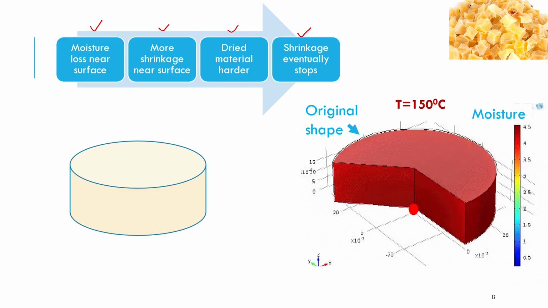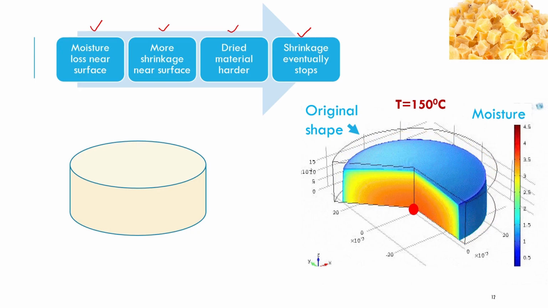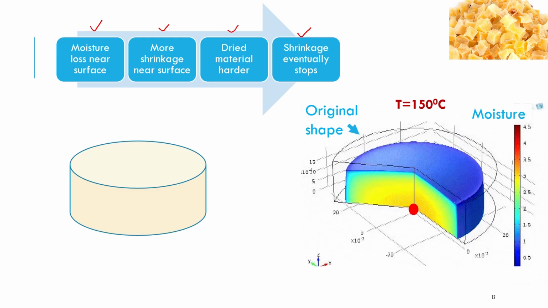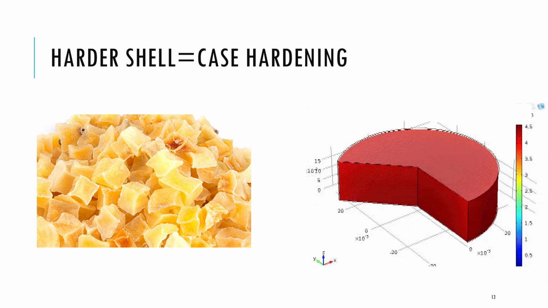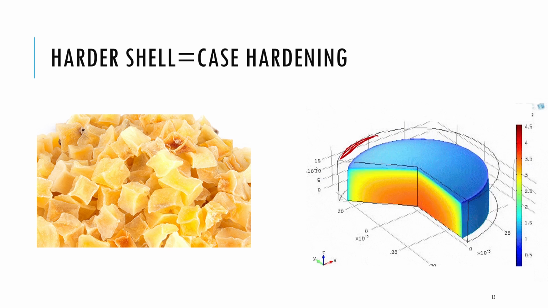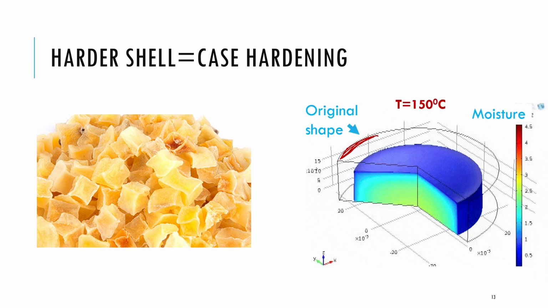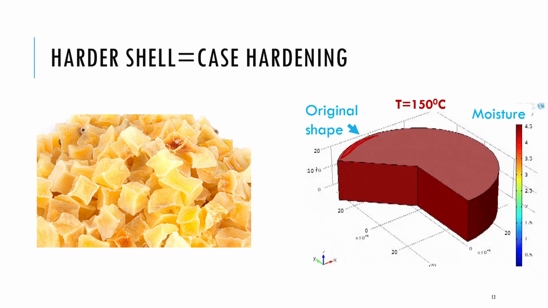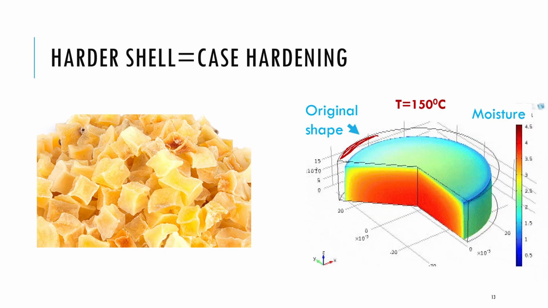That is really the mechanism by which the dried material restrains shrinkage. As it's drying, the formation of the harder shell near the surface is what restrains the material. It makes it stop shrinking as much, and eventually it stops shrinking at some point in drying. This shell near the surface is termed case hardening.